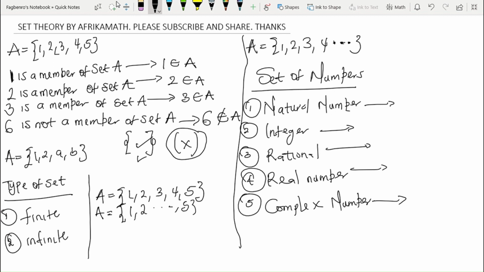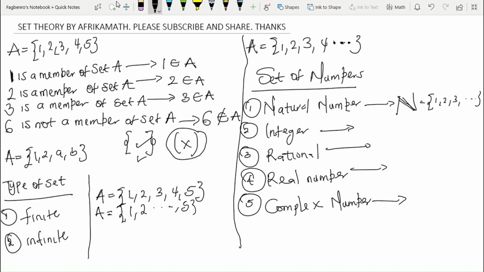Natural numbers are the normal counting numbers. That is 1, 2, 3, 4, 5, 6, 7, like that. You will see that I did not include 0 here. The symbol of natural number is this. That is, you start from here: 1, 2, 3, dot, dot, dot.